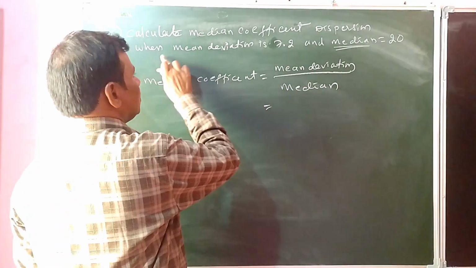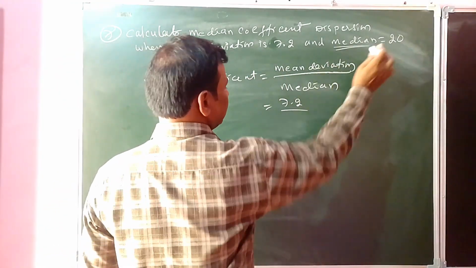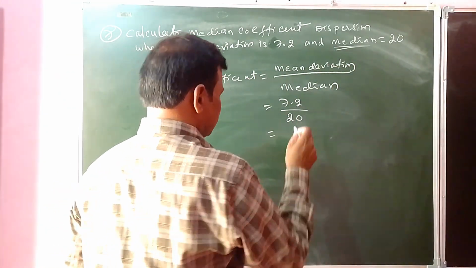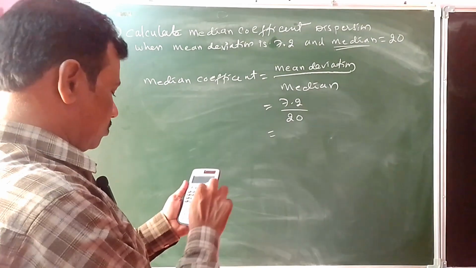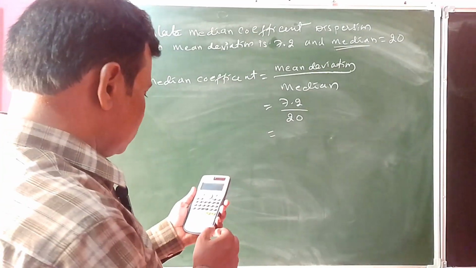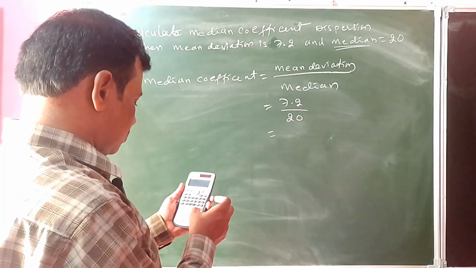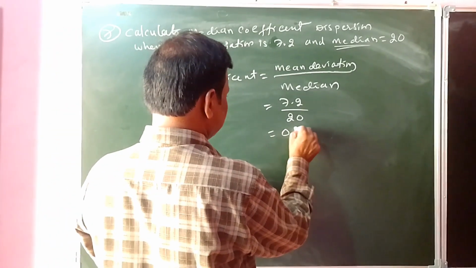The mean deviation value is 7.2 divided by the median value, 20. So 7.2 divided by 20, the answer is 0.36.